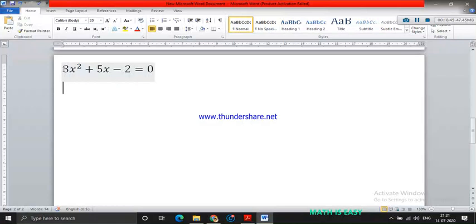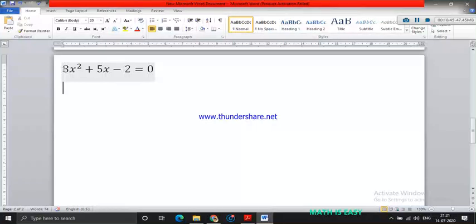So I got alpha value as 2 and beta value as 1 by 3. I just renamed x because both are x: here x equals to 2, here x equals to 1 by 3. So instead of that, I use different names. Alpha is one root as 2, beta is another root. Just find the sum of the two roots.